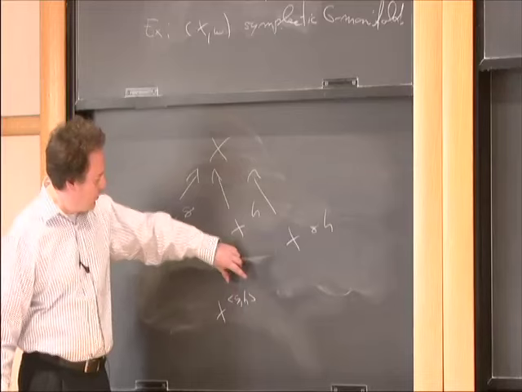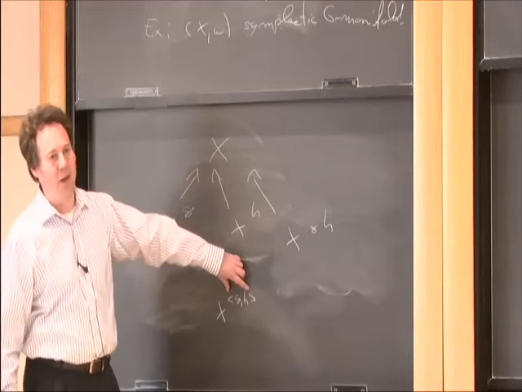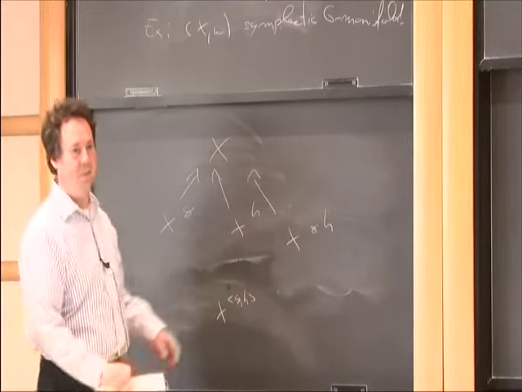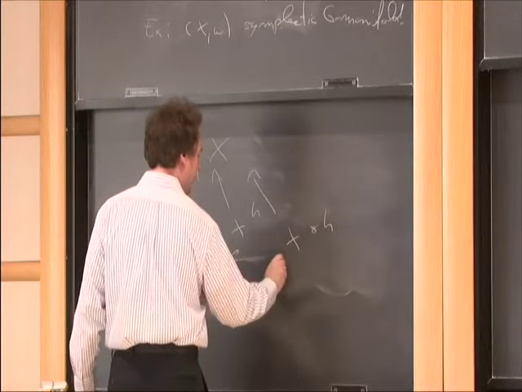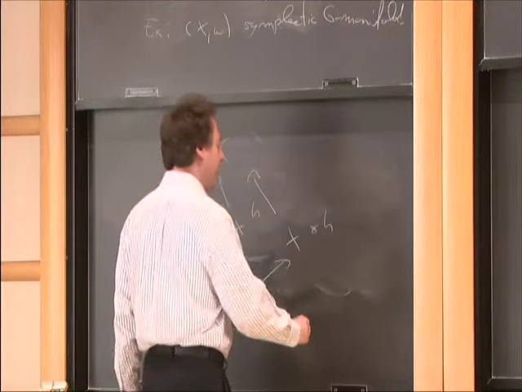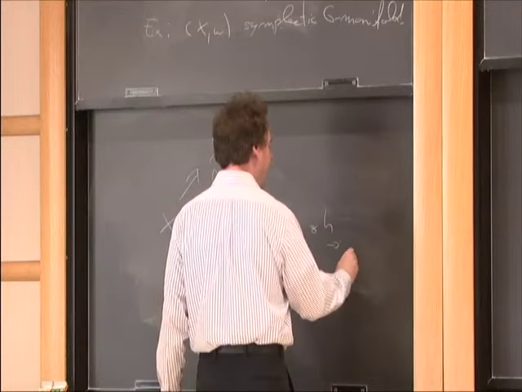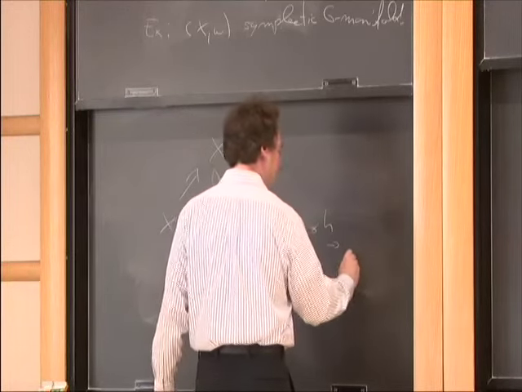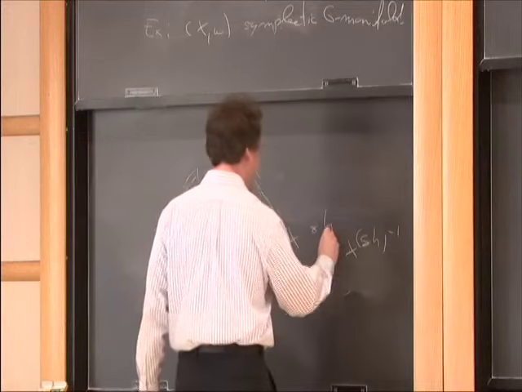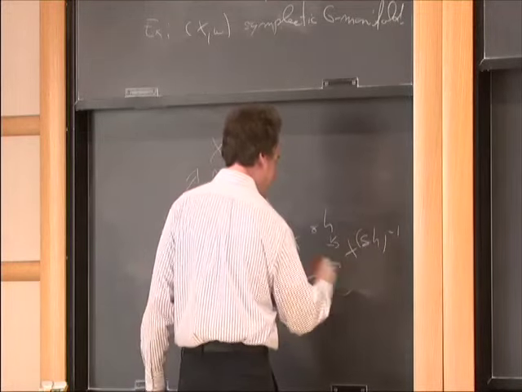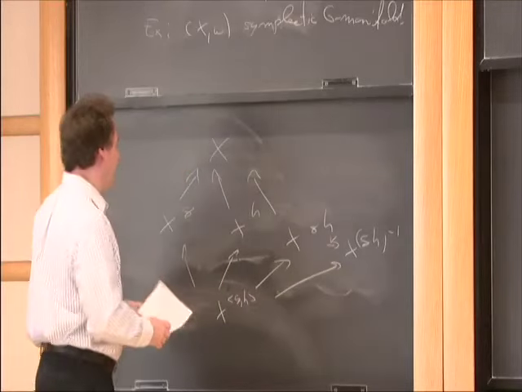I'll use this notation sometimes: angular brackets mean the group generated by the elements that are in there. And you have 3 maps here. And if I'm really careful, I have another map here to X^(gh⁻¹). This is just because I'm being overly careful.